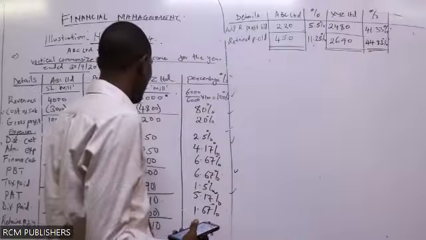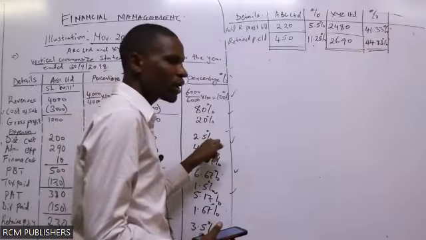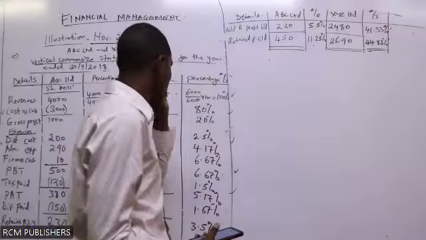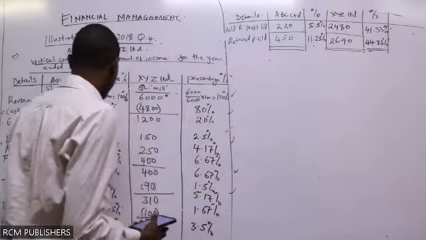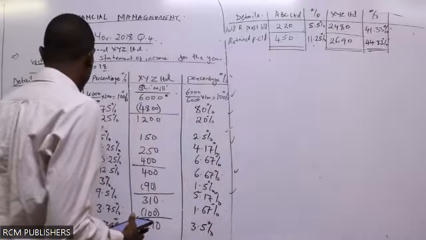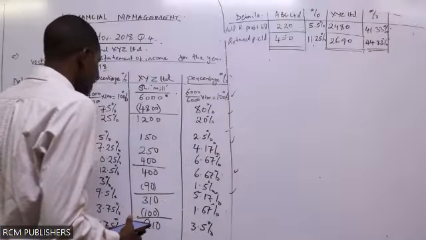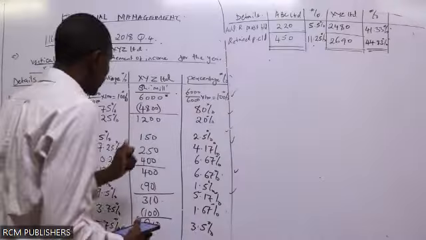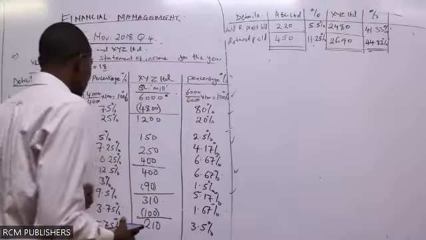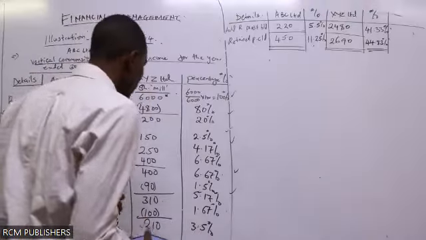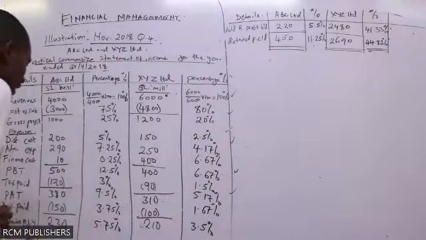Of course, twice the distribution cost of XYZ Limited. Therefore, they have to check what is making their distribution cost to be very high, which is affecting their sales, which is affecting their profit.